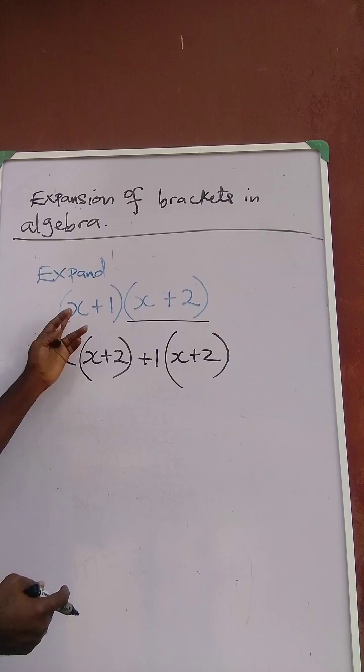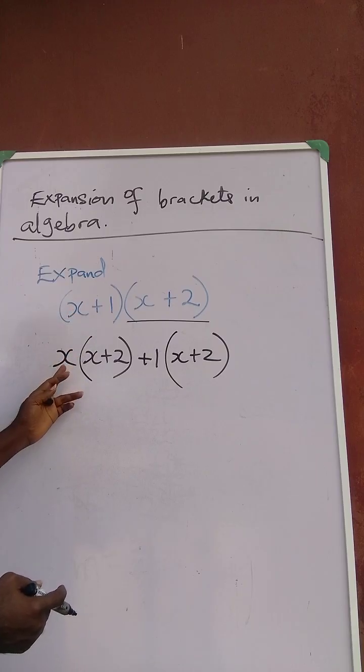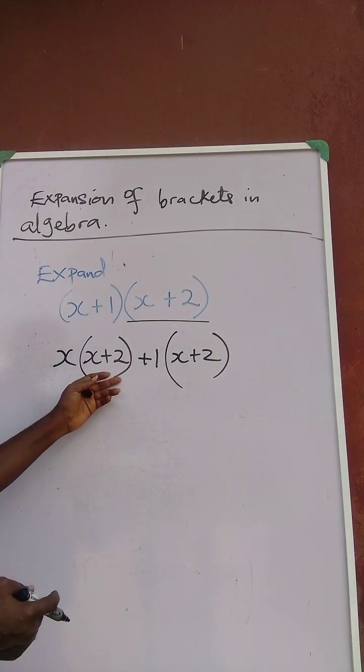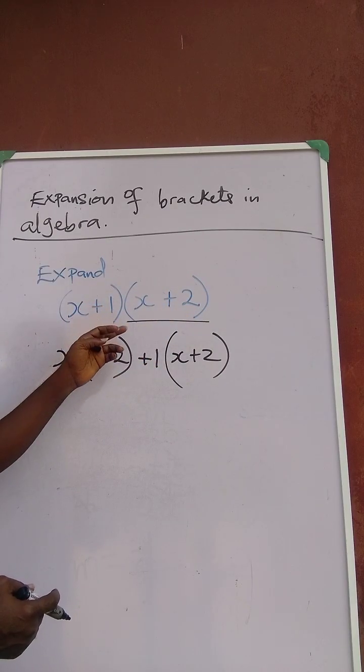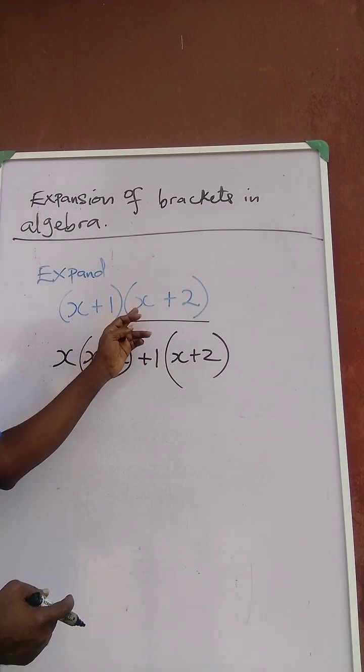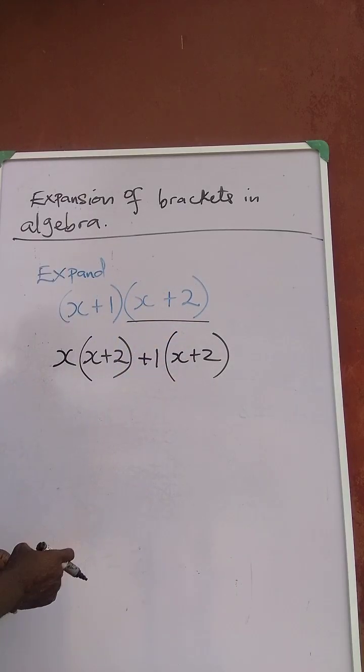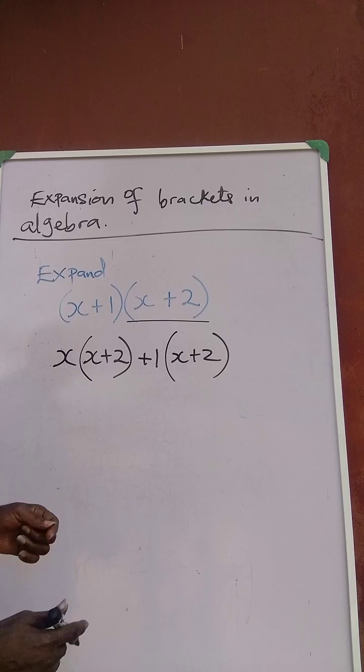Now, see what I've done. I took this first x and multiplied it by everything in this bracket. Then I took this plus 1, and I multiplied everything in this bracket. The next thing we do is now to open the bracket.